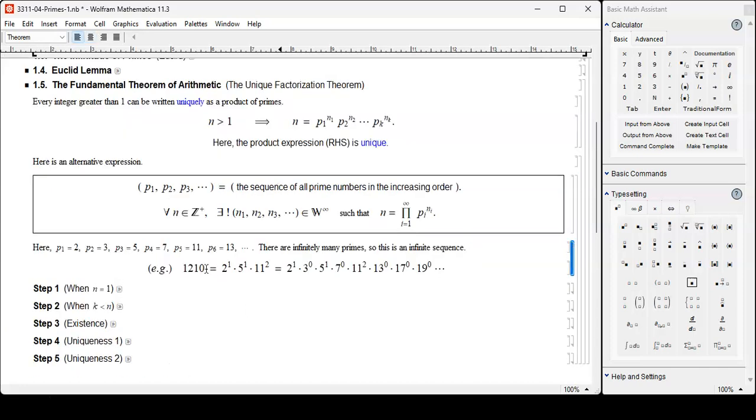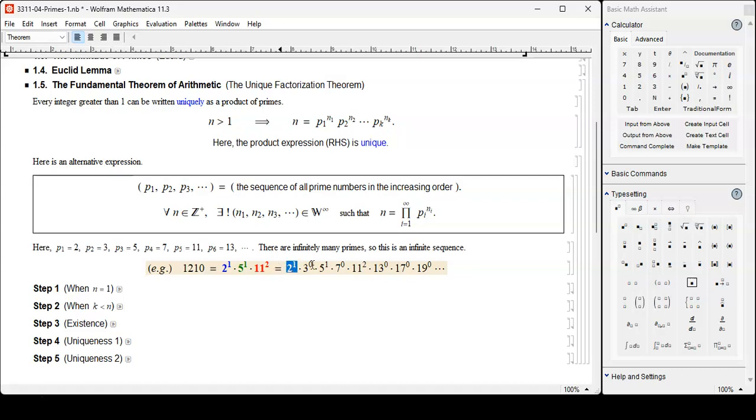For example, how can I factor 1210 through prime factorization? Here's one way. 2 to the first power and 5 to the first power and then 11 to the second power. That's one way to do it.